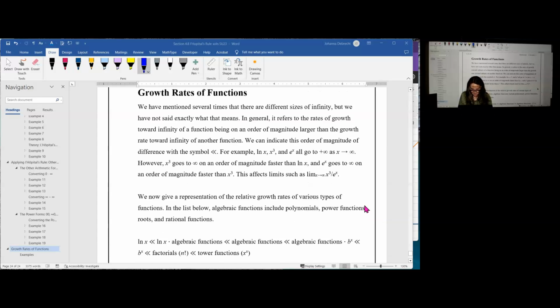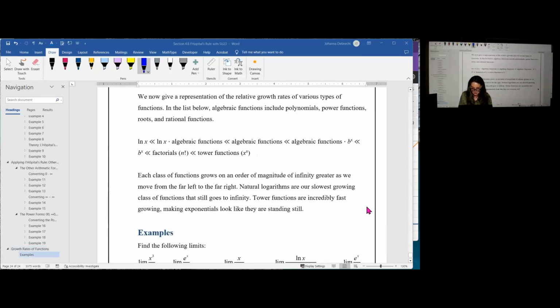Let's take a look at the representation of the relative growth rates of various types of functions. In the list below, where it says algebraic functions, this includes polynomials, power functions, any kind of root or radical, and rational functions. Those are all algebraic.